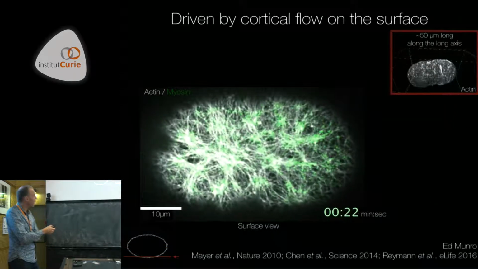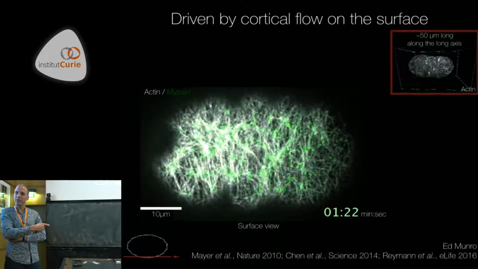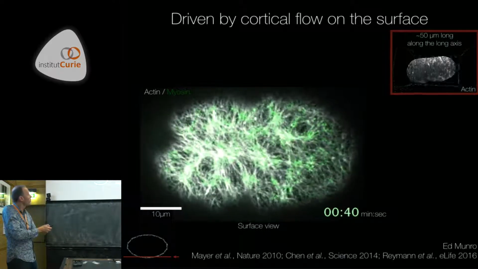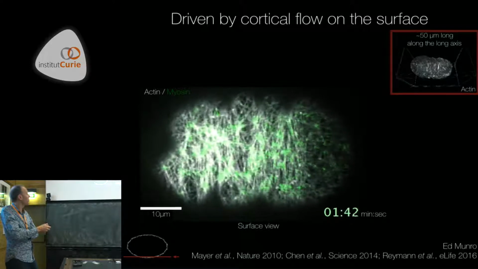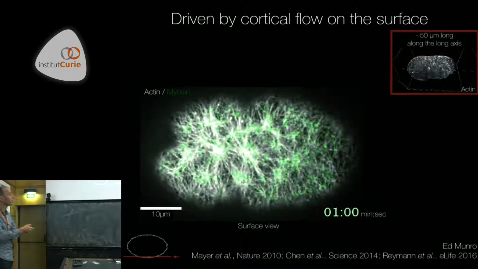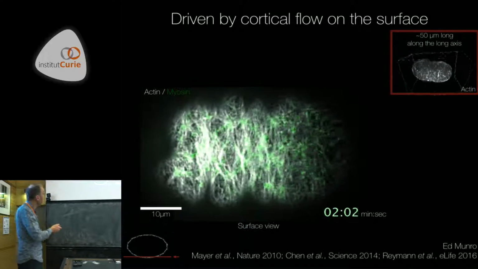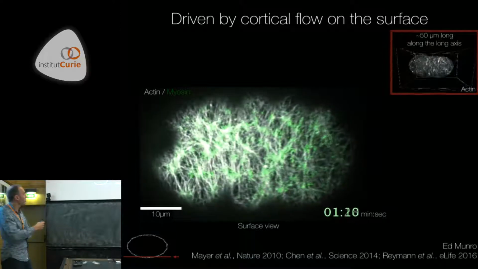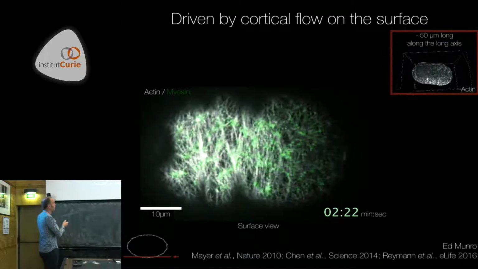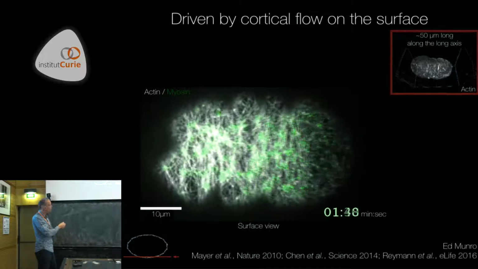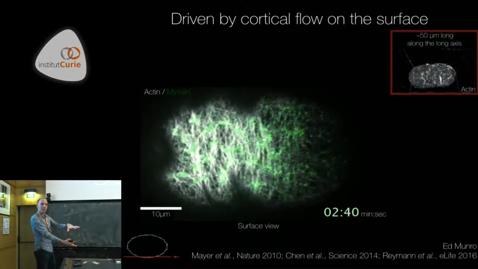So how does that switch from unpolarized to polarized work? And that's, in fact, what we'll be focusing on mostly. But what was discovered a couple of years back, and this was really work pioneered by Ed Munro, was that this switch from unpolarized to polarized is driven by flows of actomyosin on the surface of the egg. So now I'm showing you an image not cut through the middle, but really just a bottom view of that egg.